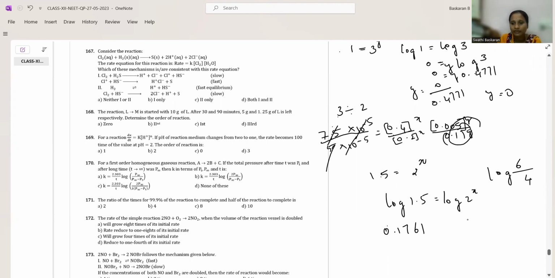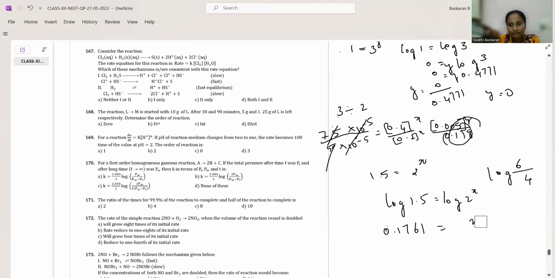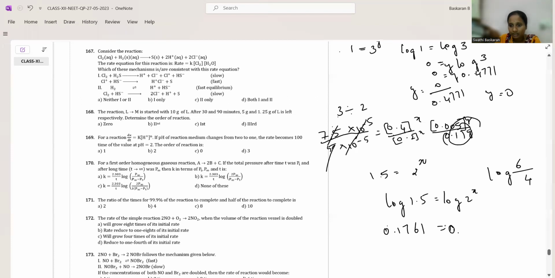And log 2 power x can be written as x log 2, right? So here you will get 0.3010 x.